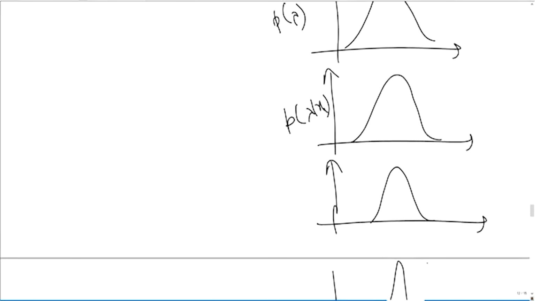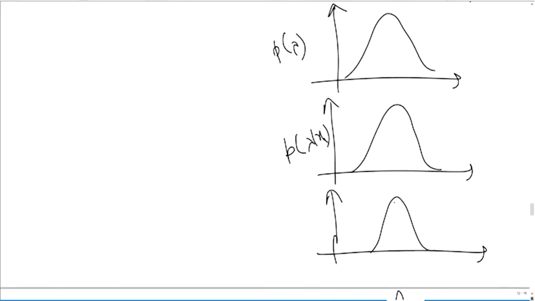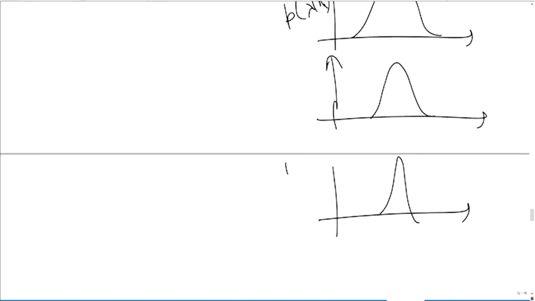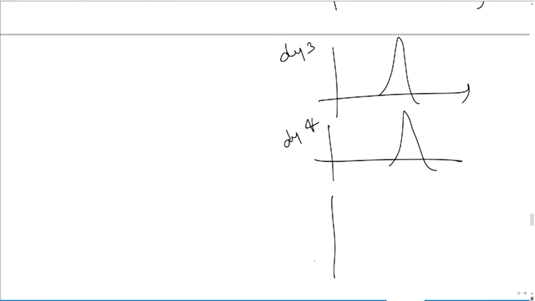So let's say this is the posterior after day 1, this is after day 2, this is after day 3, right, and let's say this is after day 4. So the posterior becomes more and more informative. Ideally, our goal is to reach a posterior distribution which is highly informative. Okay. So a posterior distribution that takes you closer to the actual true value of the parameter. Okay.